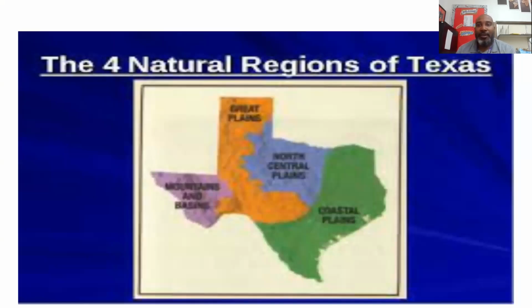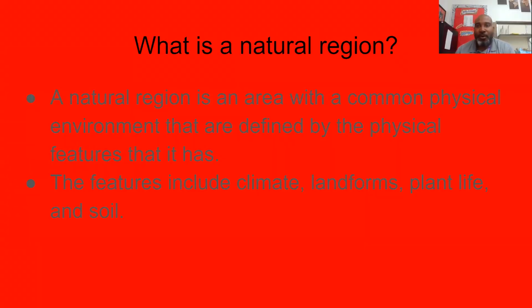There are four natural regions in Texas. You have the mountains and basins, Great Plains, North Central Plains, and Coastal Plains. What are natural regions? A natural region is an area with a common physical environment that is defined by the physical features it has.